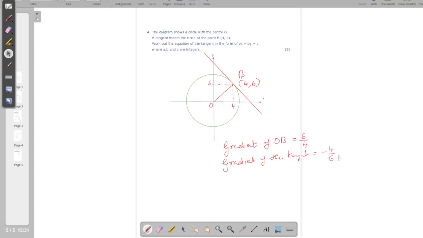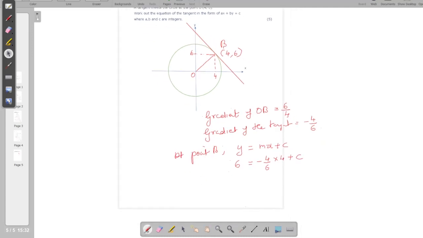Now we need to find the c. So at point B, we have to use y is equal to mx plus c. y is 6. m is minus 4 over 6. x is 4, plus c. So that gives you 6 plus 16 over 6 is equal to c.